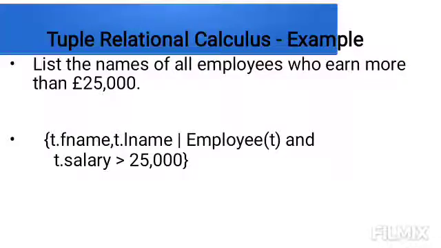So the tuple relational expression has a selection condition, and the condition is evaluated for every possible combination of tuples to identify the selected combinations for which the condition evaluates to true.